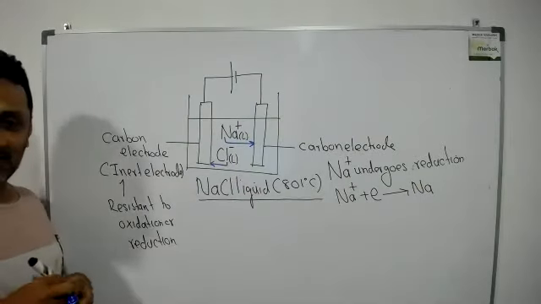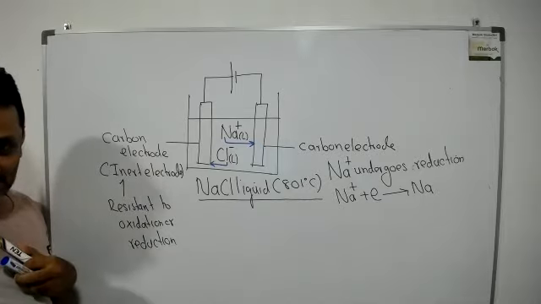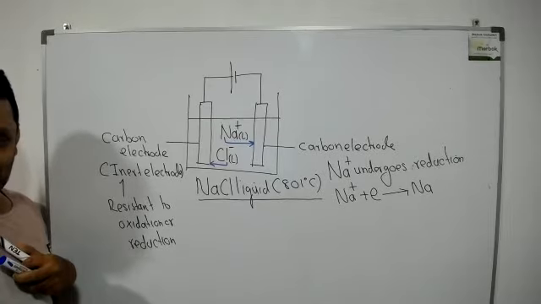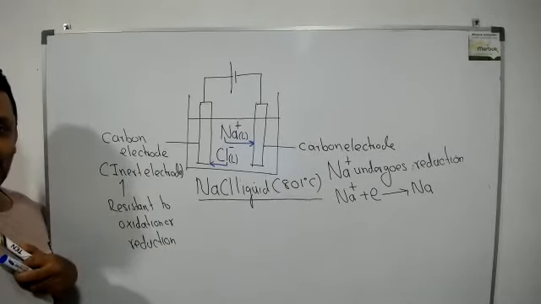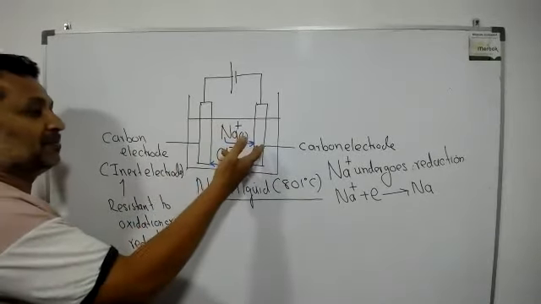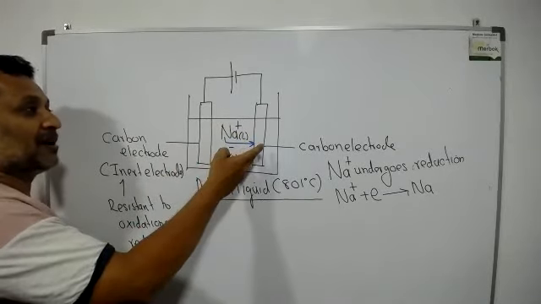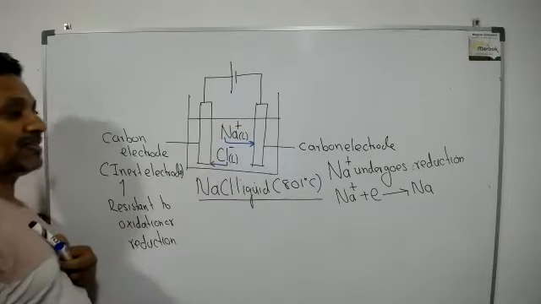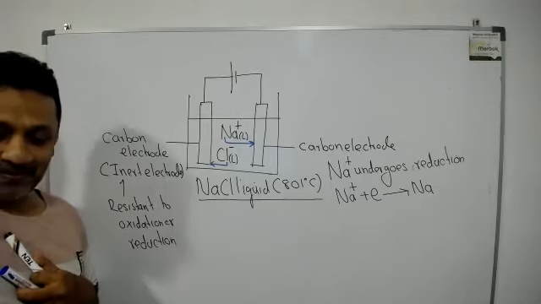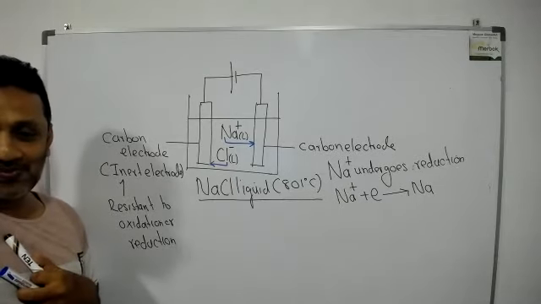Any confusions? If the terminals are changed, Yusuf, this will become minus, this will become plus, then Cl minus will go there, Na plus will go to the other side. Isn't it, Yusuf?